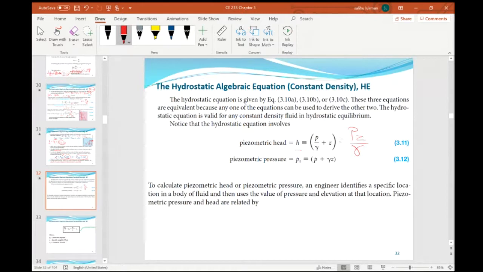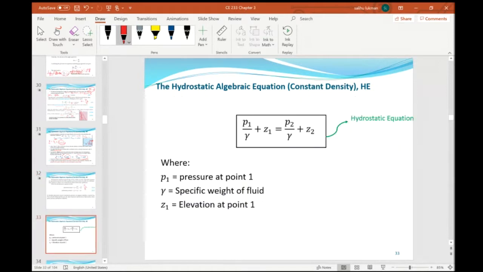And the hydrostatic equation is valid for any constant density fluid in hydrostatic equilibrium. To calculate the piezometric head or piezometric pressure, an engineer identifies a specific location in a body of fluid and then uses the value of pressure and elevation at that location.